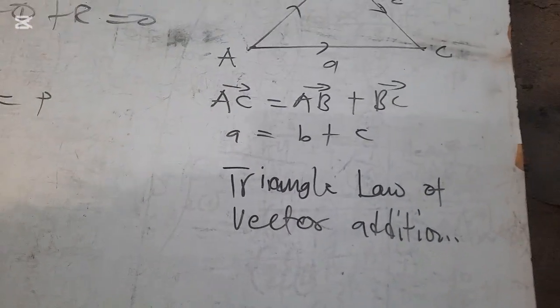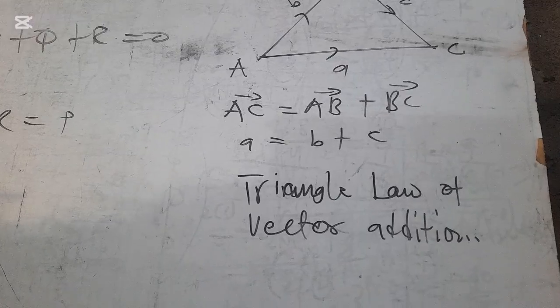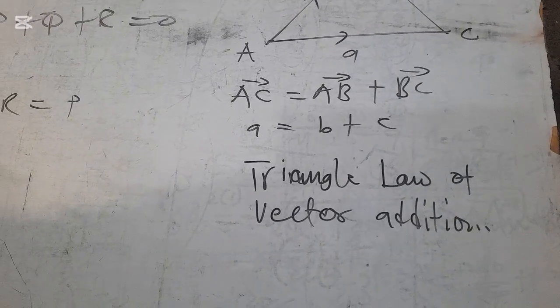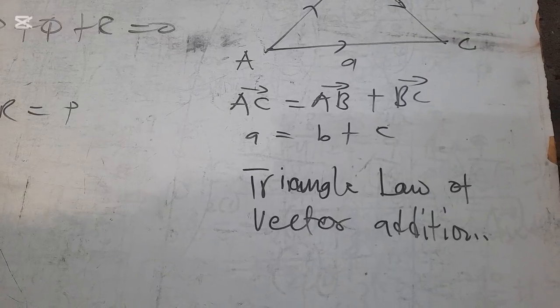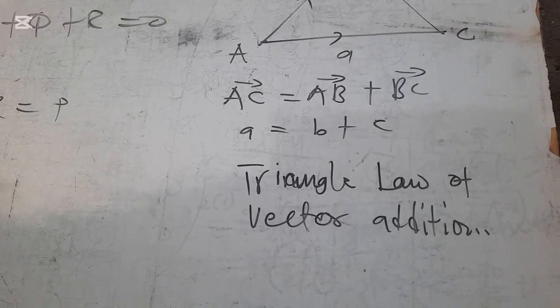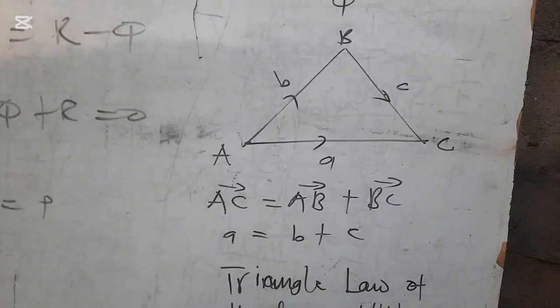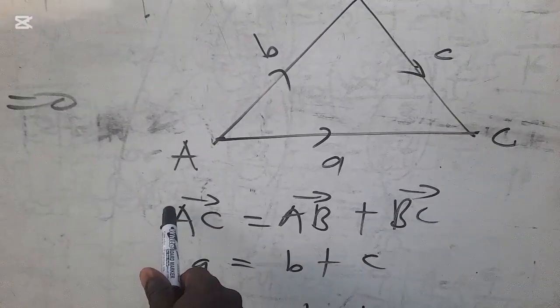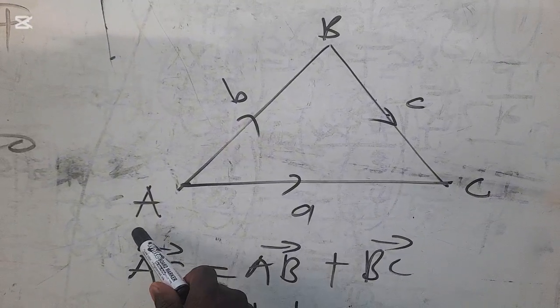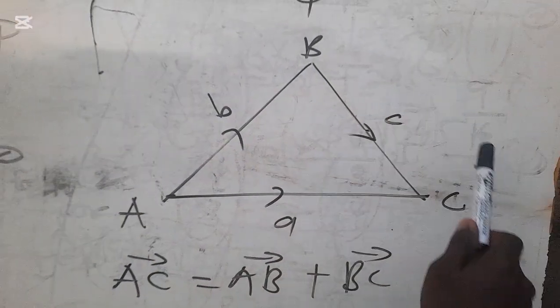It says that when three forces are acting on a body and they can be represented as the sides of a triangle, then their vector sum is this. So vector moving from A to C is equal to moving from A to B and B to C.